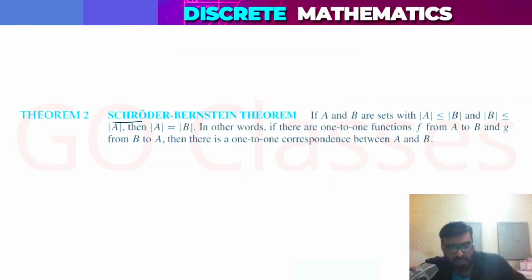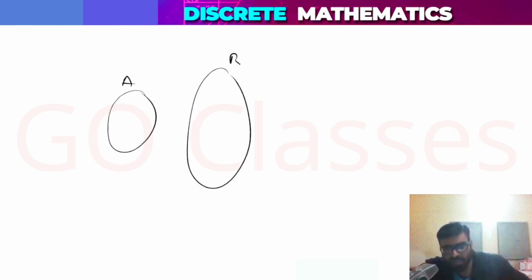This is actually a theorem by, okay, I can't pronounce this name, but you can read this name. This is a theorem by this person, and it is a very useful theorem. What he says is that if you have a set A and another set B, remember they can be finite, infinite, we don't care. They can be any set.